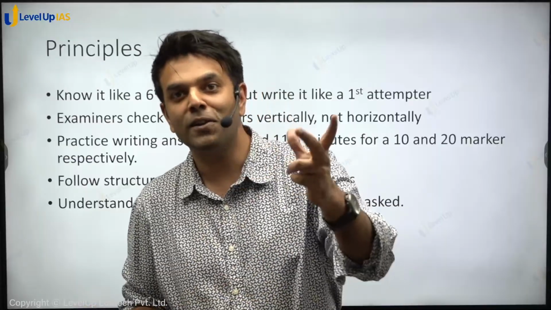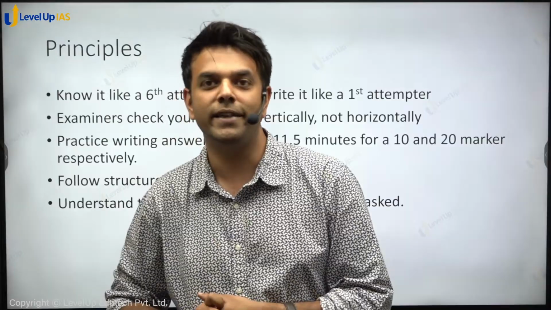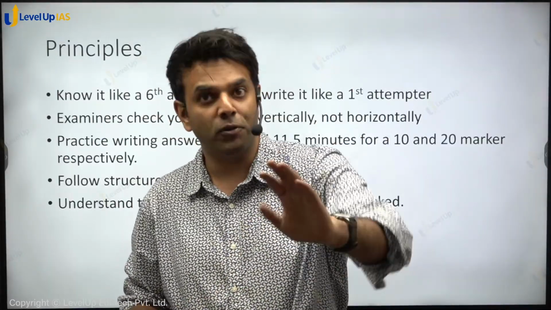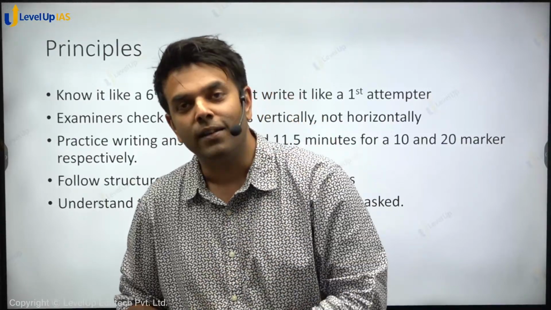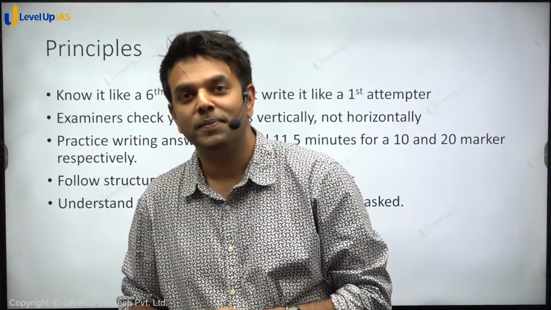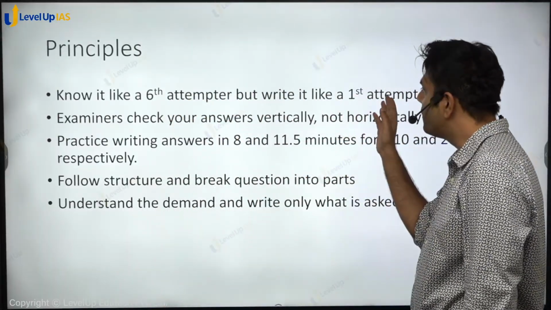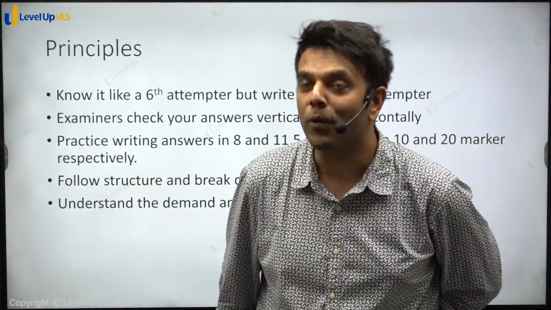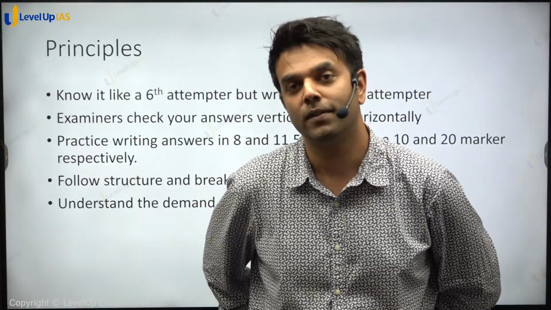They are making complex statements, adding Baudrillard, Foucault, Derrida, just to compensate for lack of knowledge, just that they don't admit it, okay? Making things complex like a sixth attempter, when they should have written it like a first attempter in a simple form, to the point. The demand should have been addressed. These flowery things will not help.